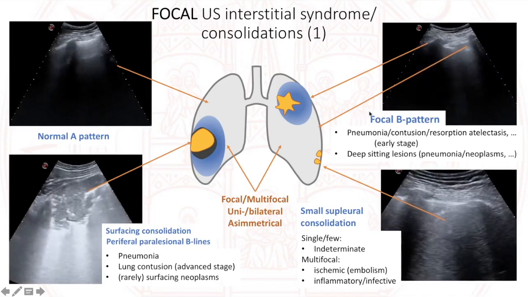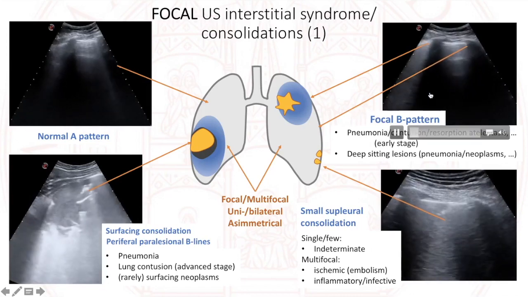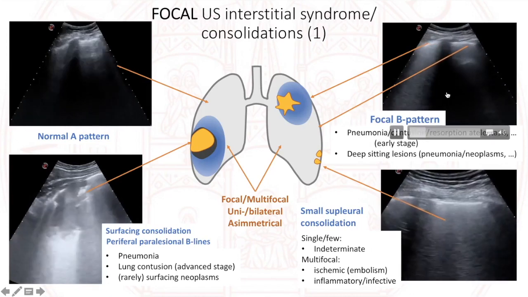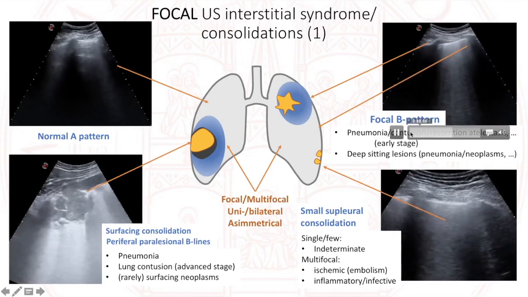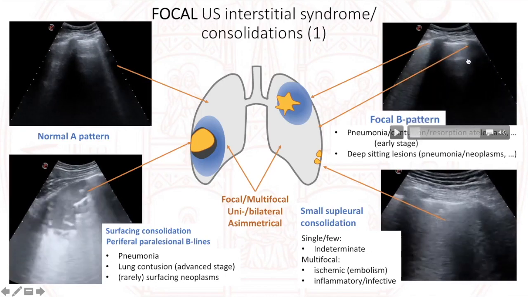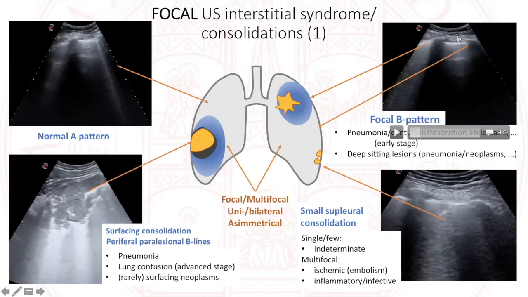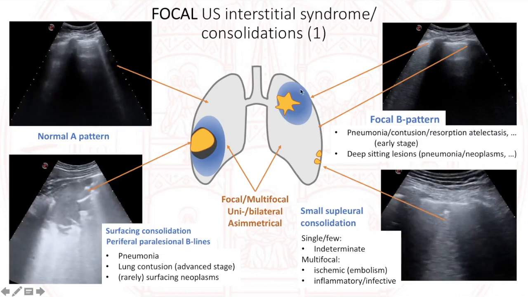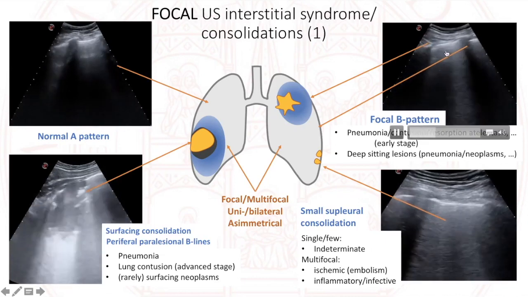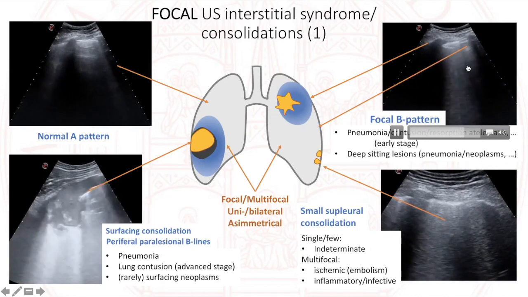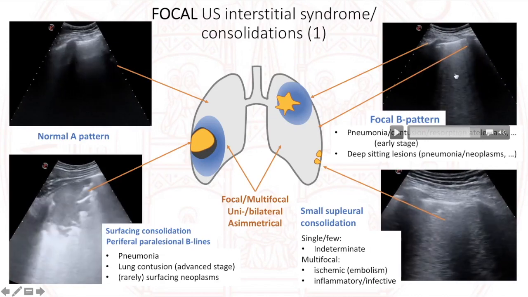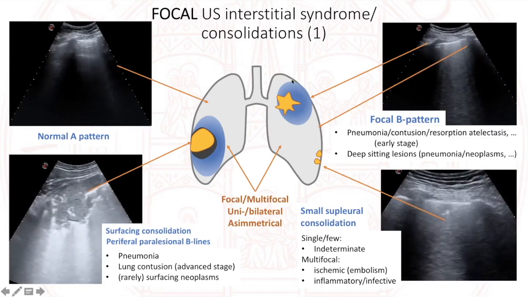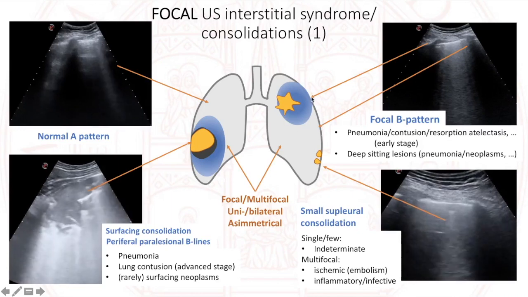A focal B pattern is what we have as we slide towards a different area of the lung. As you see at the beginning of this picture, you see some A lines in this intercostal space. Then we slide up with the probe and we see very focal interstitial syndrome with many B lines. That means that in this area, in this region, something is happening.